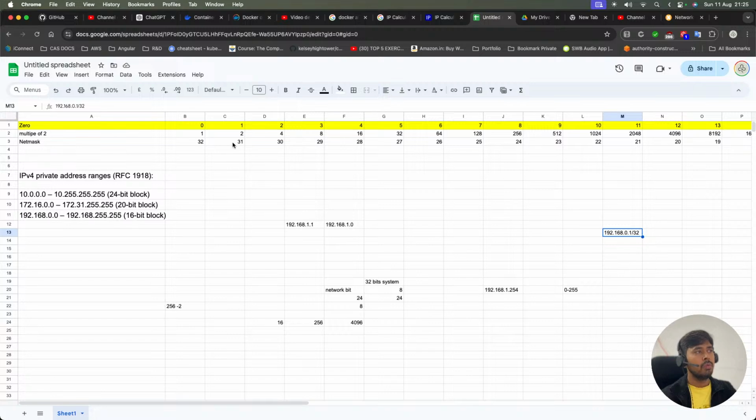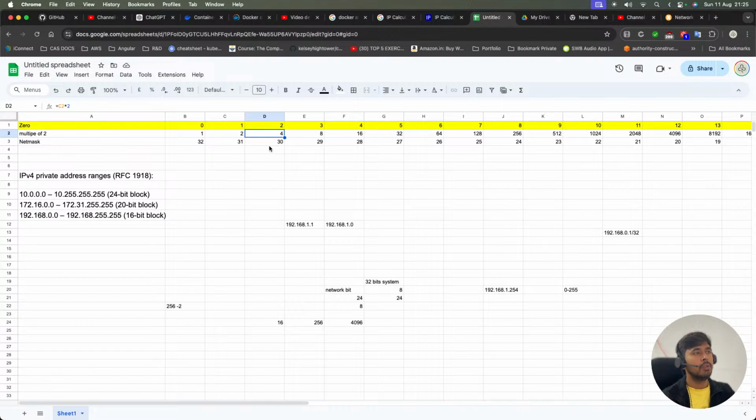Now if we go to 31, that means 2. This is not possible. That means one network address, one broadcast address, and there is no IP address allowed in this. Now if you go to /30, that means there are total four IP addresses available here.